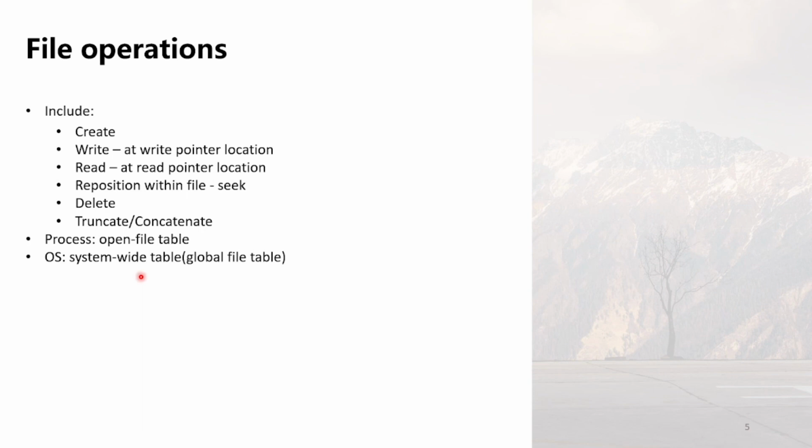This information typically includes reference count, for instance, how many processes have the file open, as well as file state and attributes such as locks, file size, and internal data structures for file location on the disk. It maintains a count and state that is referenced by all processes. Each process interacts with this table through its own open file table.